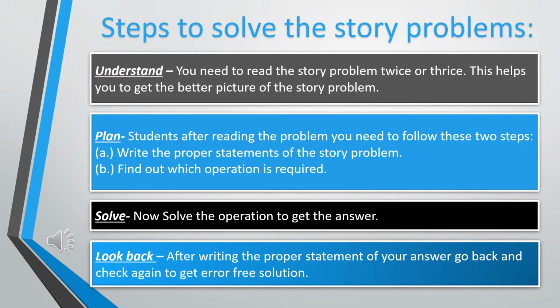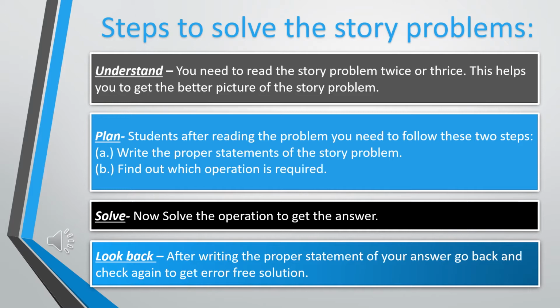So let's start. First is understand. You need to read the story problem twice or thrice. This helps you to get the better picture of the story problem. It means that you have to read your story problem twice or thrice unless and until you are able to understand the story problem.